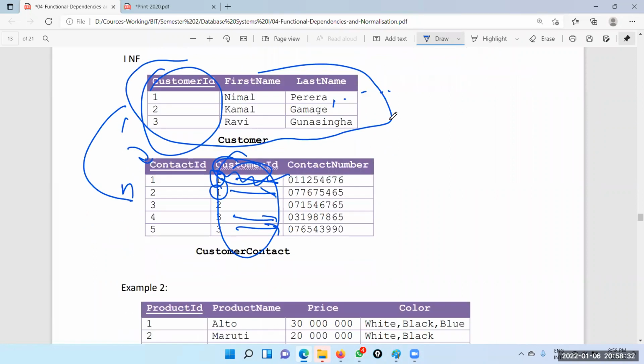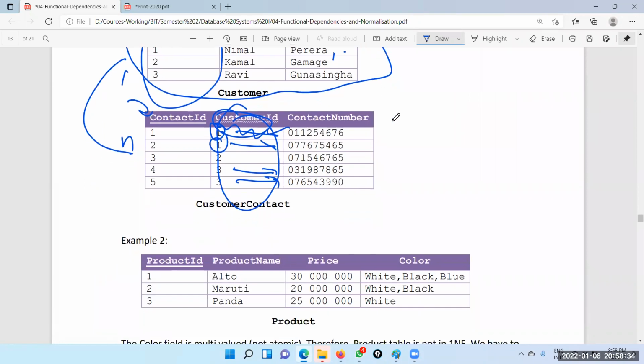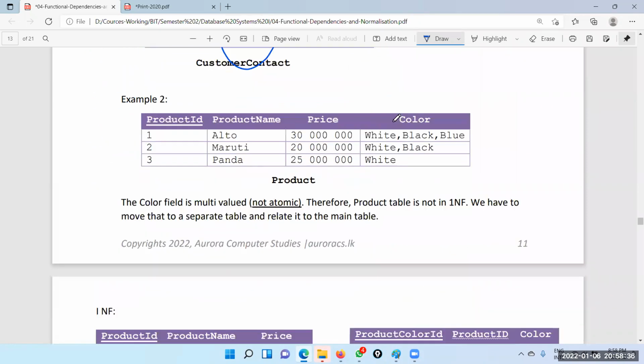Let's take another example where first normal form is violated. Right? Product ID, product name, price, those are fine, but you can see color. For example, there can be Alto in white, black, blue, three colors. Right? You can take black, white, or blue.